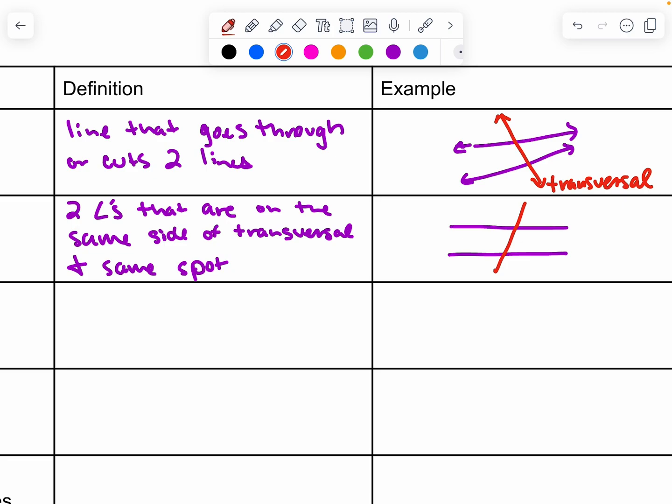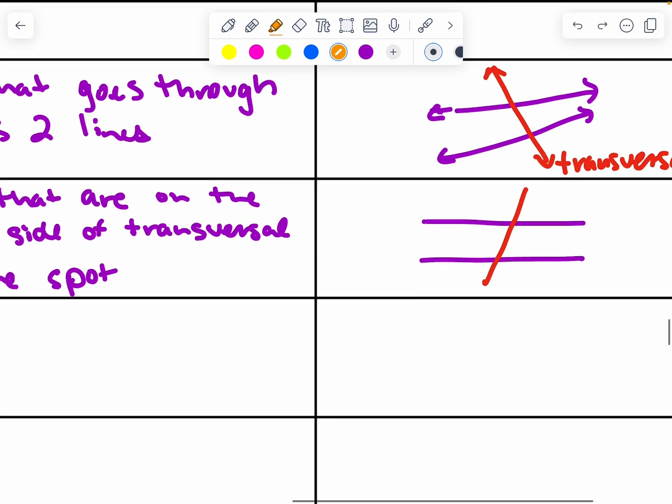Obviously, you probably don't have that option on yours, and that's okay. So when we're talking about same side of the transversal, just so you understand what we're discussing, this would be the same side, or this would be the same side. So you're talking either the left side or the right side. Or if your transversal happens to be rotated, it could be the up portion or the down portion. So just something to think about. So when we want them on the same side, we're talking about the same spot.